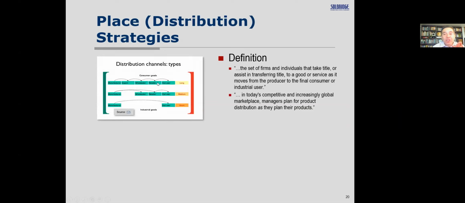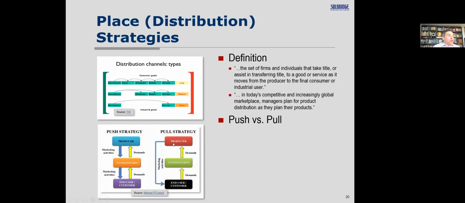We'll have a whole lecture on these distribution strategies. We have a long distribution channel where we go from the manufacturer, importer, wholesaler, retailer, end user, or we have very short distribution channels which go directly from the manufacturer to the end user, and all sorts of variations of that distribution in between.